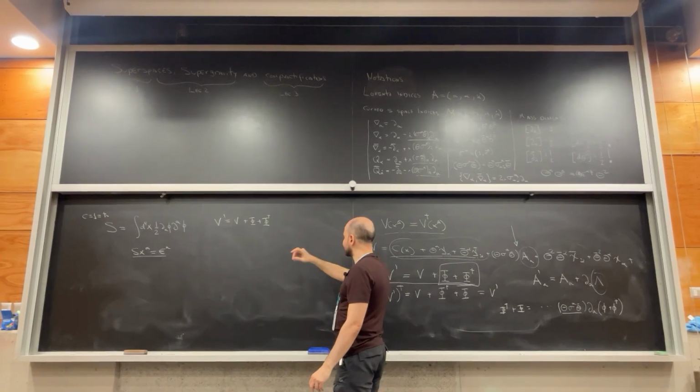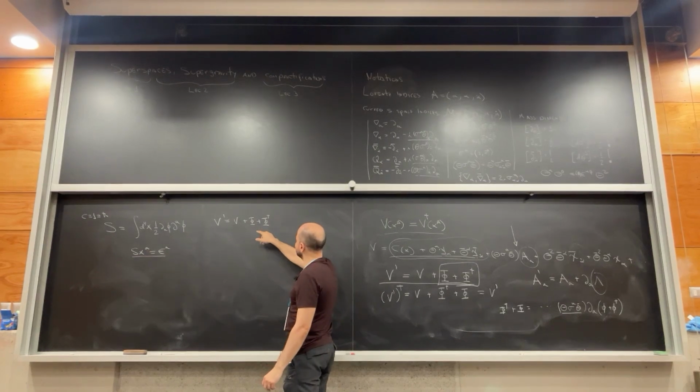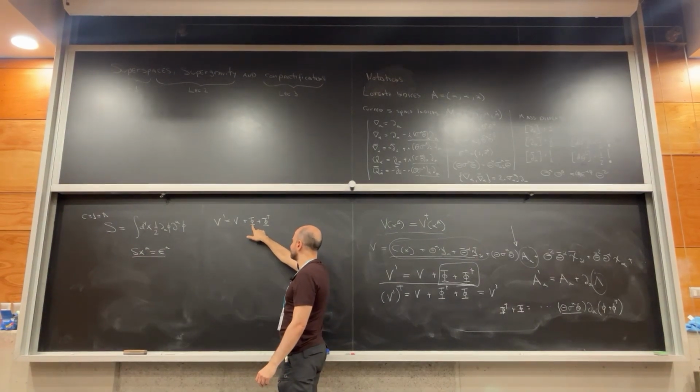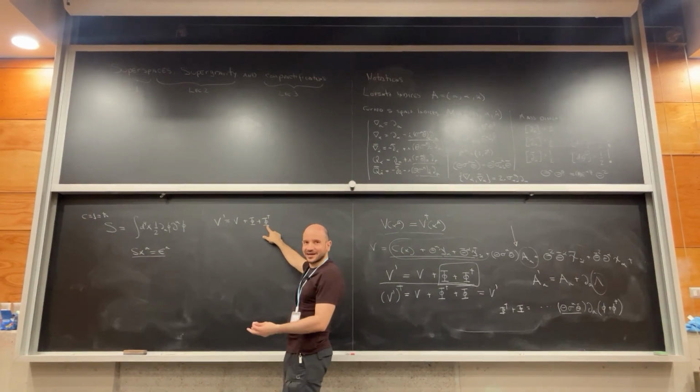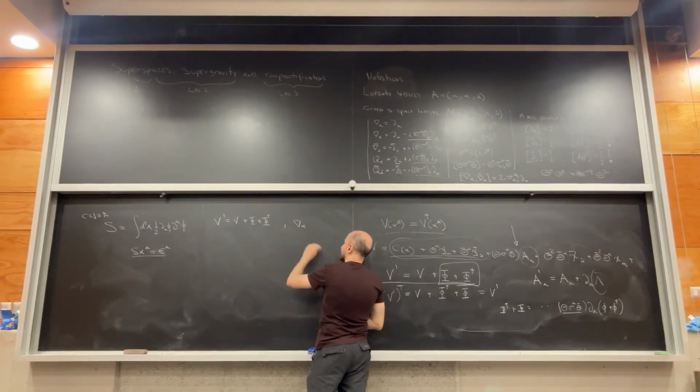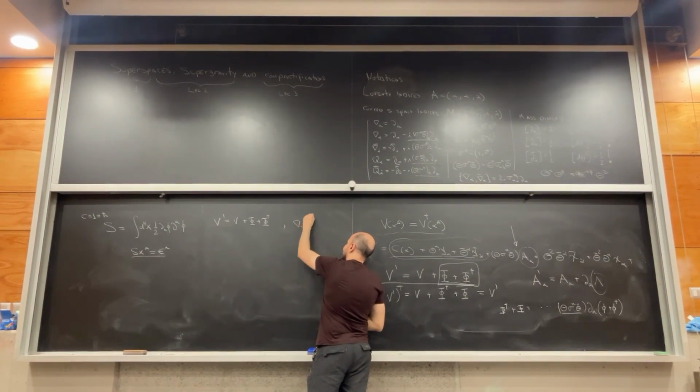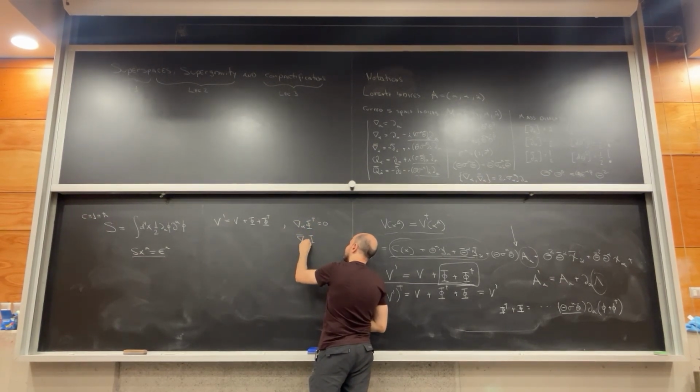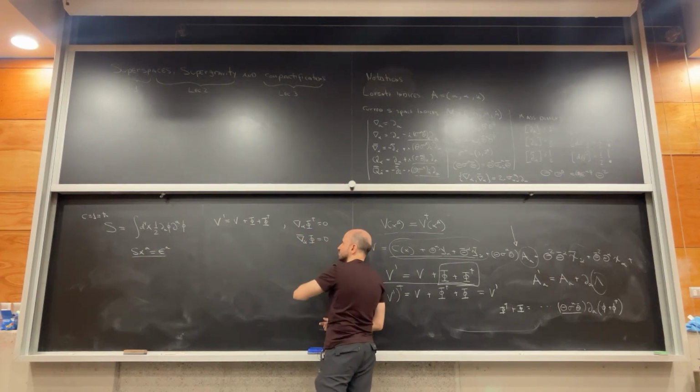I can start in a simple way because I know that phi and phi dagger are chiral. So nabla alpha of phi dagger is 0 and nabla bar alpha dot of phi is 0 too.